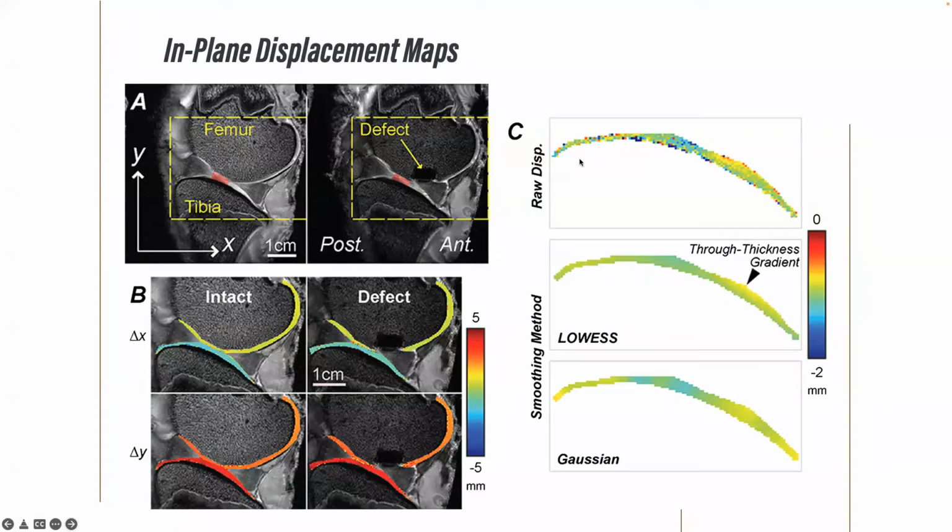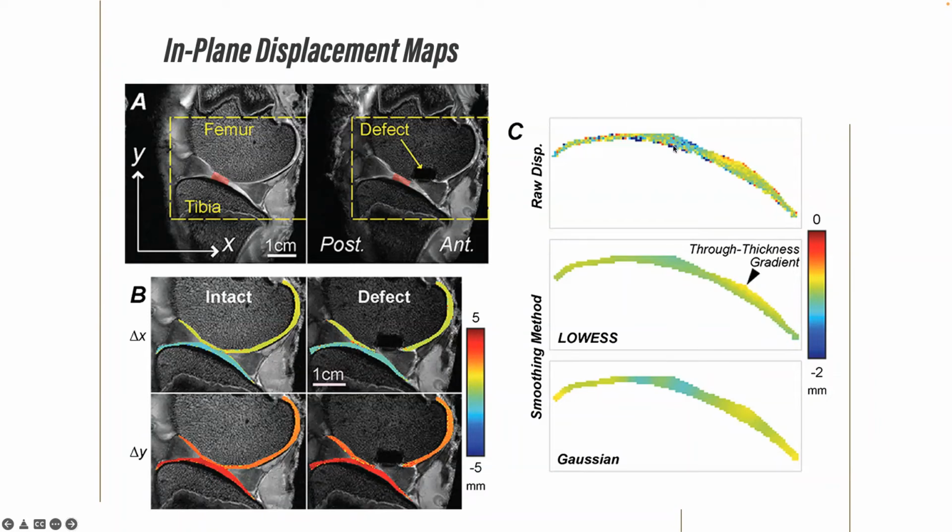When we see the raw displacement, so this is one example of the raw displacement from the tibial cartilage, you'll see that we still have a bit of noise, right? And as anybody who's done strain maps based on displacement might know, you have to eliminate some of that noise and have a smoother displacement map before you can calculate the strain, or else you're going to get very spurious strain numbers, right?